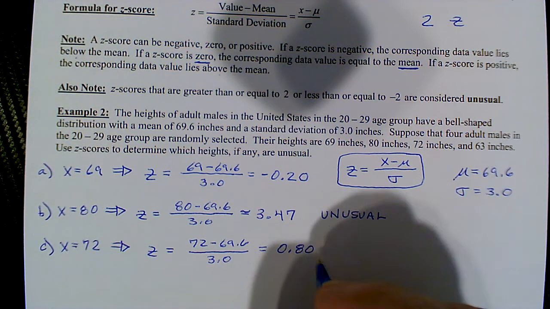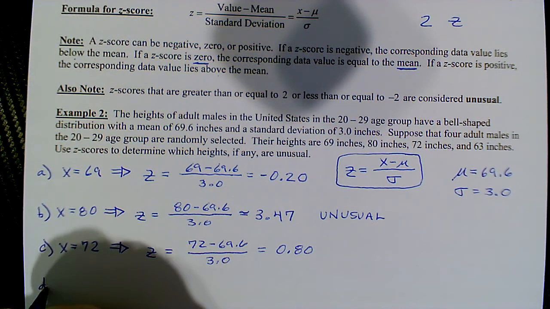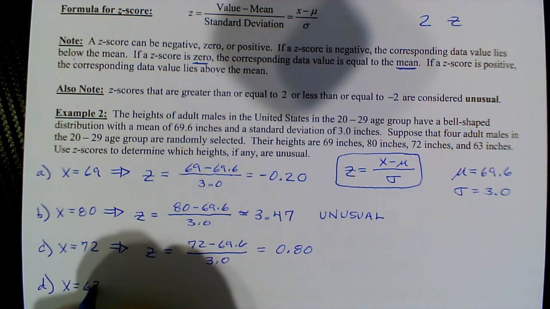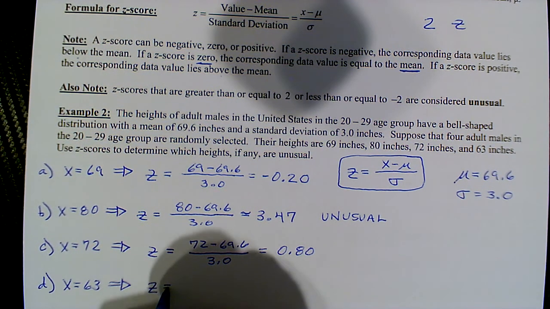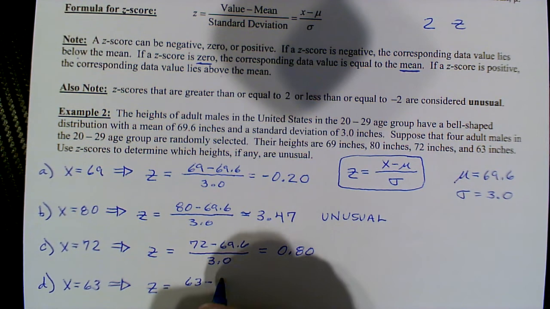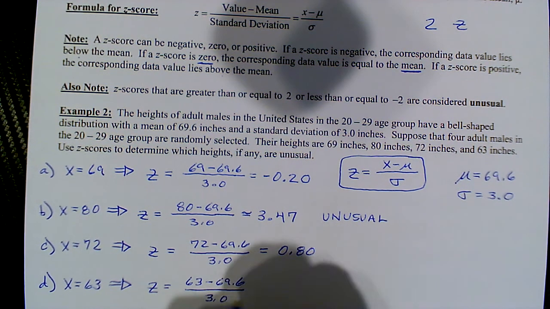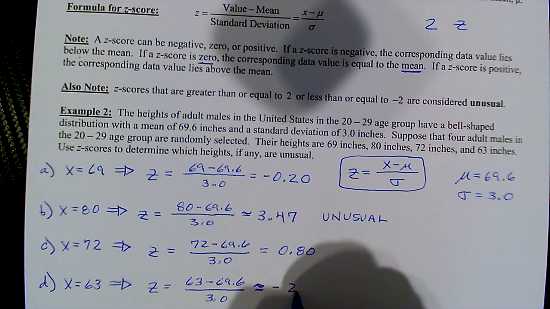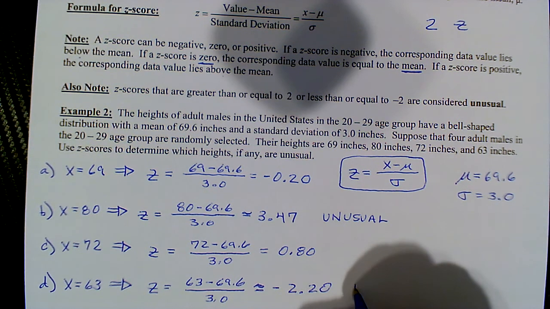And 63 inches. So 63 minus 69.6 over 3.0 is equal to negative 2.20. That's more than 2 standard deviations below the mean, so that is considered unusual.